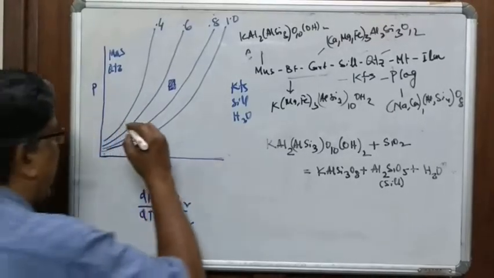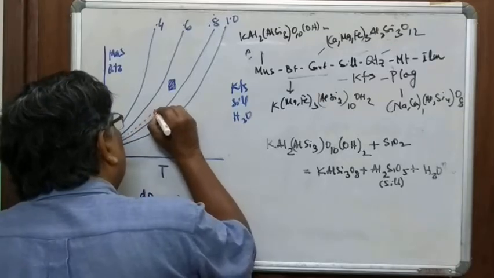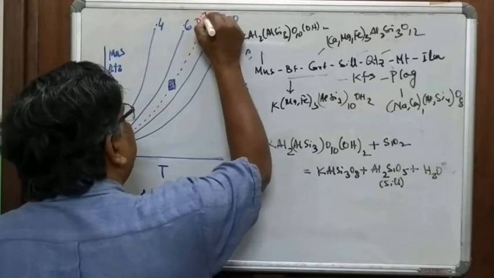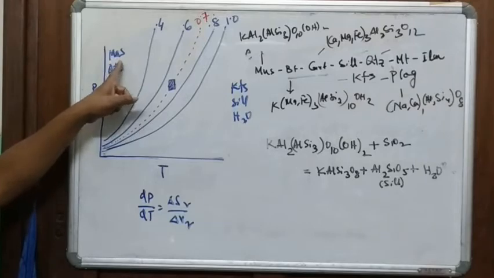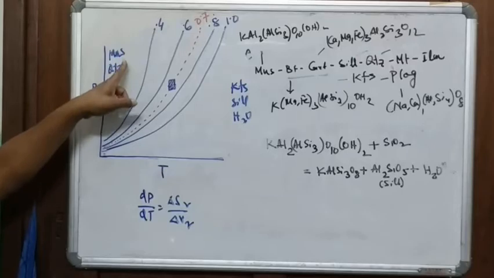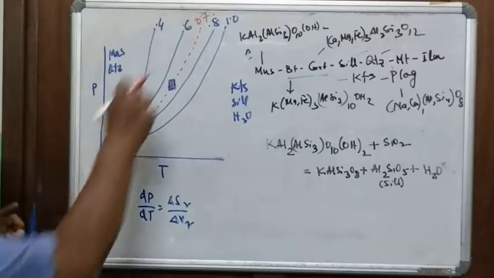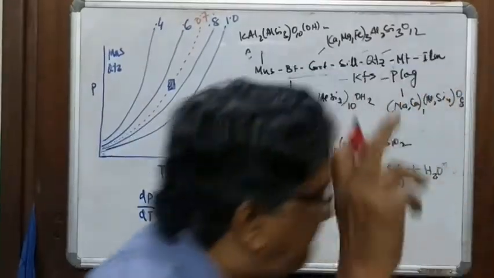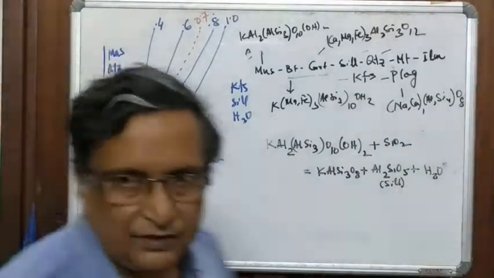Now you can understand, if I take this curve and say this is 0.7, this curve passes through the pressure temperature condition that you have estimated. The locus of the reaction muscovite plus quartz is equal to K feldspar plus sillimanite plus H2O at XH2O equal to 0.7 passes through that condition.